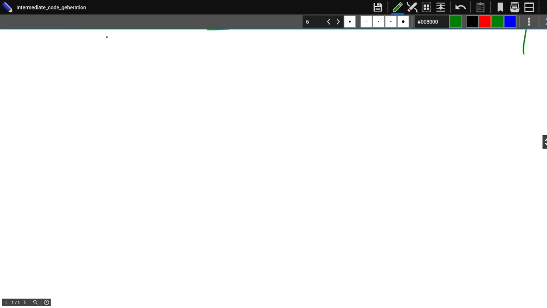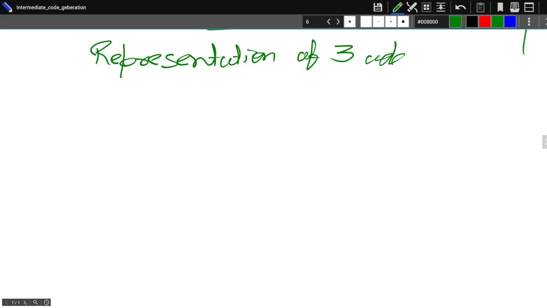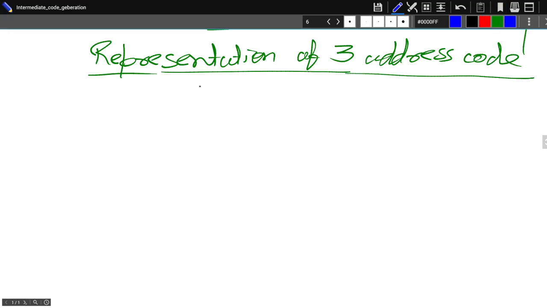Let me show you here the representation of 3 address code. So the first representation will be quadruple.